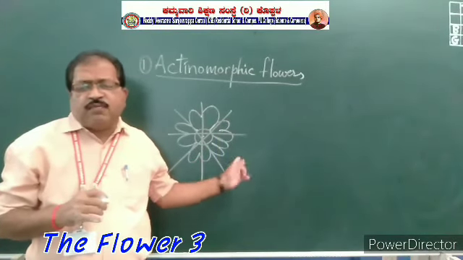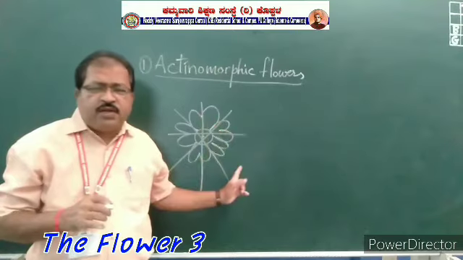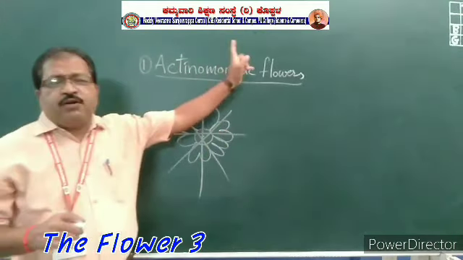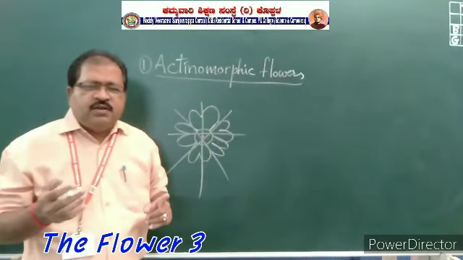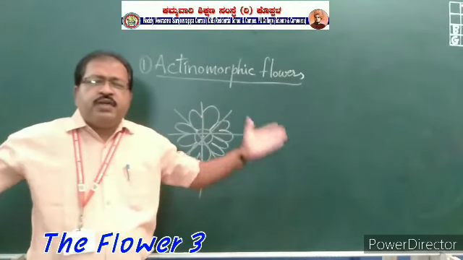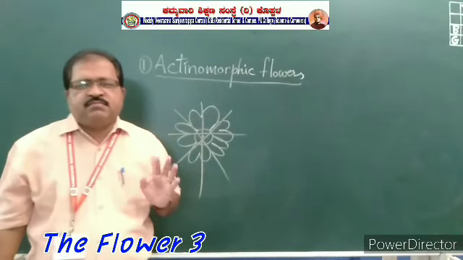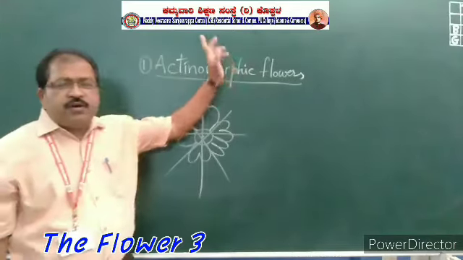This symmetrical condition of the flower is called actinomorphic flower. In any axis, the flower may form two equal parts. That is called actinomorphic flower.